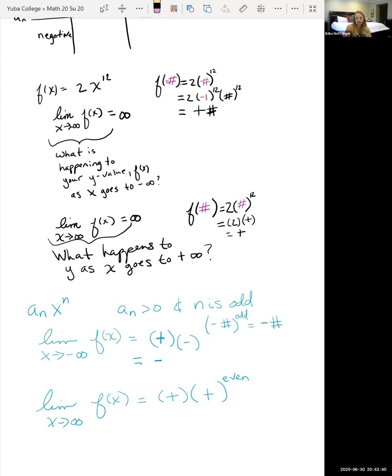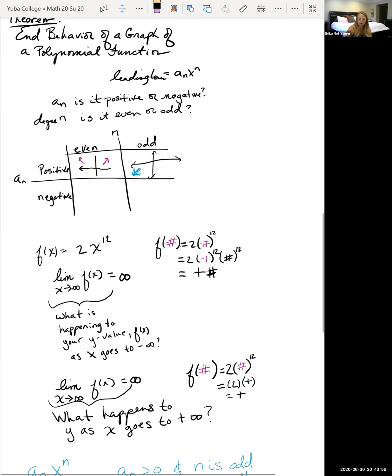Well, any positive number raised to any power is always positive. And so I have a positive times a positive, which also gives me back a positive. And so that tells me as x is going to positive infinity, as x gets bigger and bigger and bigger, my y value also gets bigger and bigger and bigger. So it's shooting upwards.